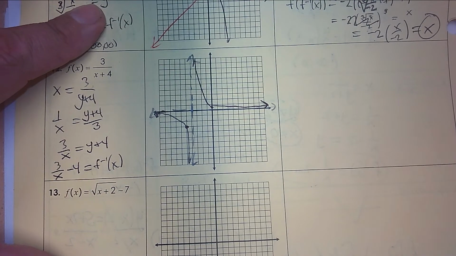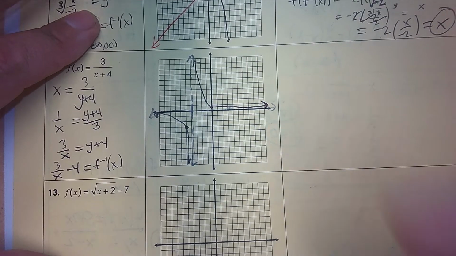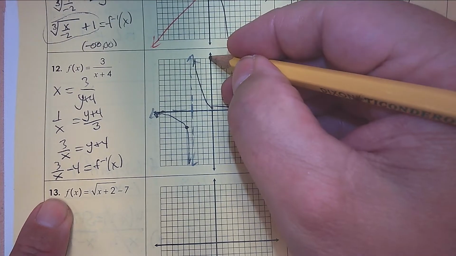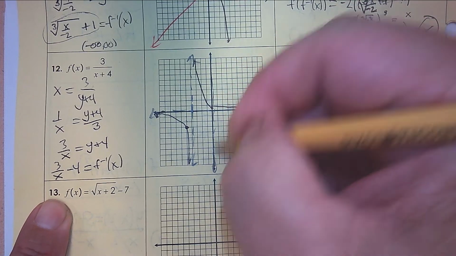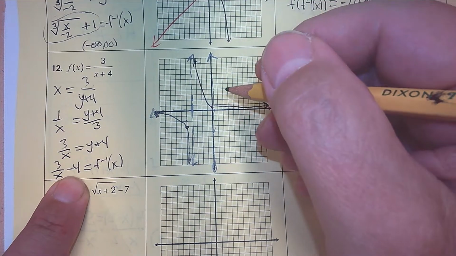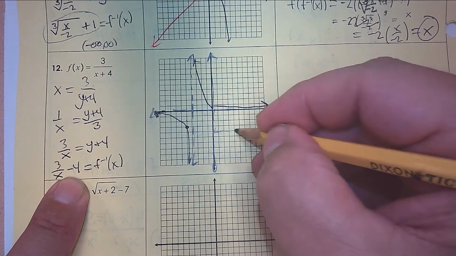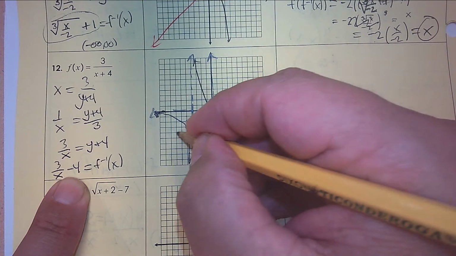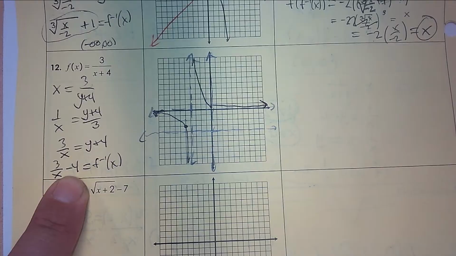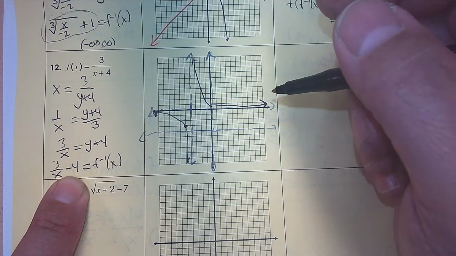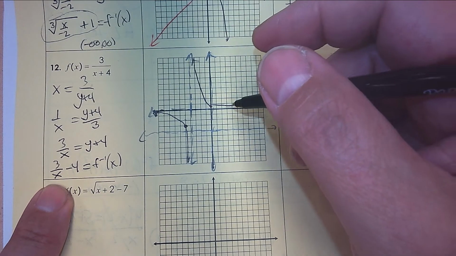Now for the second one. So the second one, x can't be 0. For this one, the horizontal's at -4. We have a point at 1 and -1.